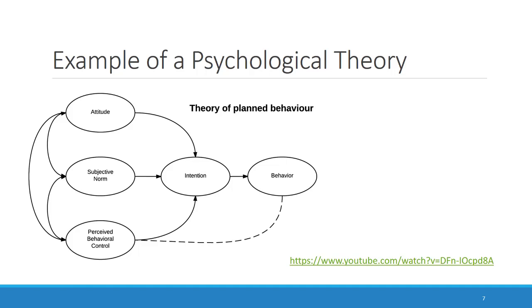That in turn will lead to a lower intention to exercise, and that in turn will lead to a lower engagement in exercise behaviors. So you can see that the theory of planned behavior basically says that these three things together predict our intentions to engage in a behavior and in turn our actual behaviors.